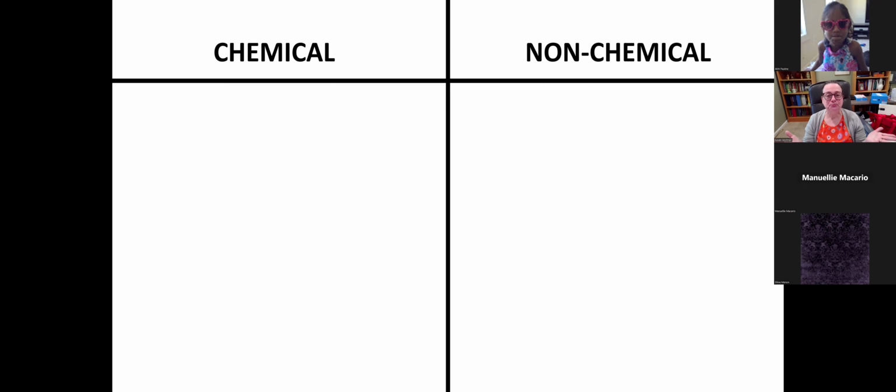So what is a rainbow? What is it made of? Oh, so it's just made of light, right? Is light on the periodic table? It is not, right? So it's just made of energy. Light is just another form of energy, right? So that would be non-chemical.